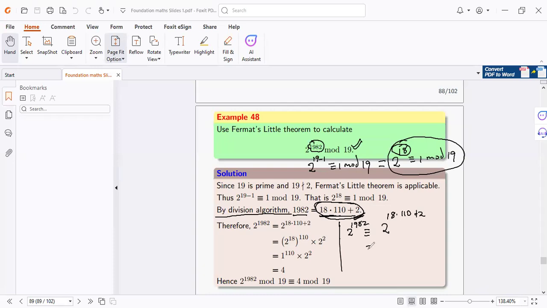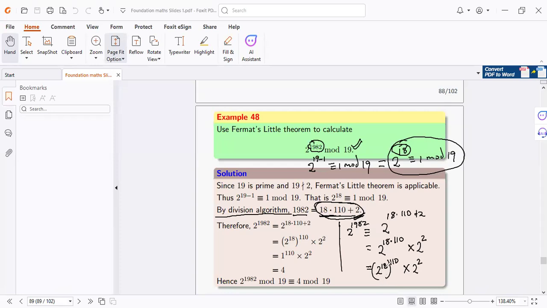This can be written as 2 raised to 18 multiplied by 110, times 2 raised to 2, when you use the laws of indices. And so this is the same as 2 raised to 18, raised to 110, times 2 raised to 2.